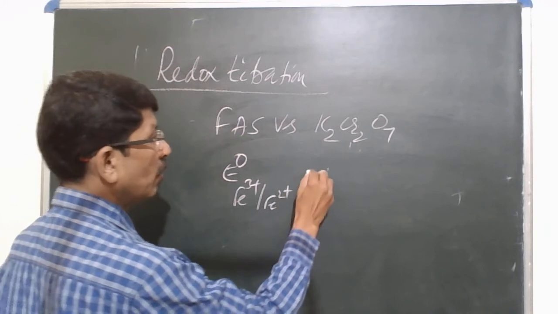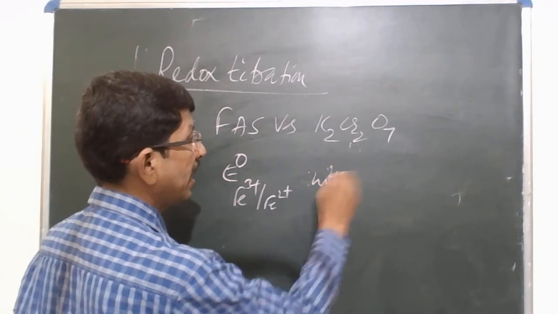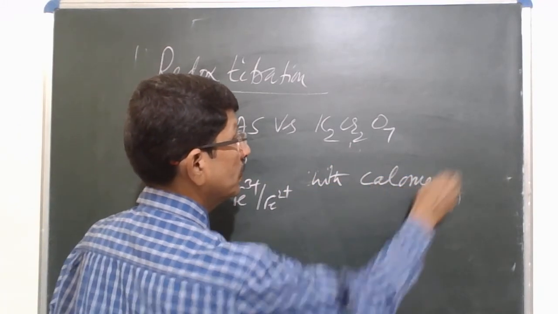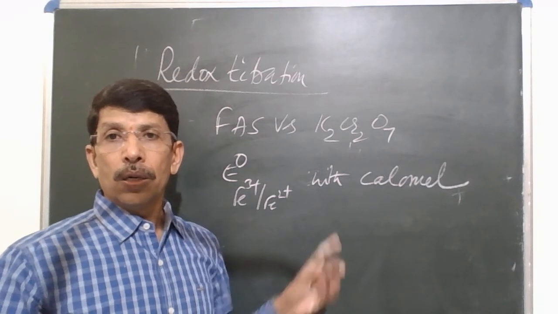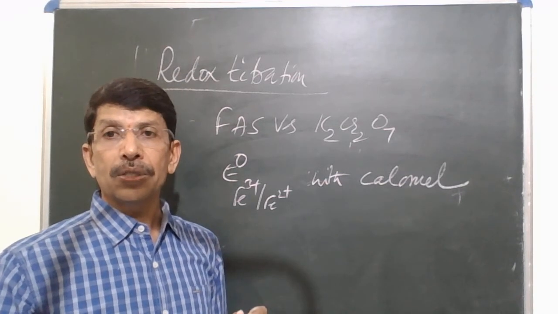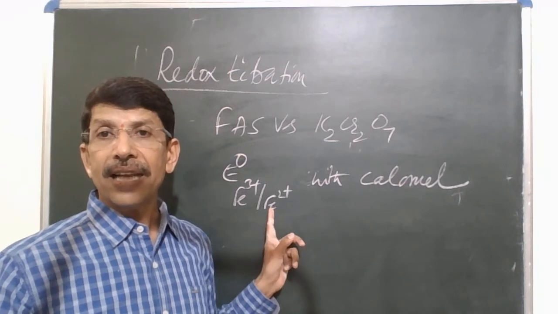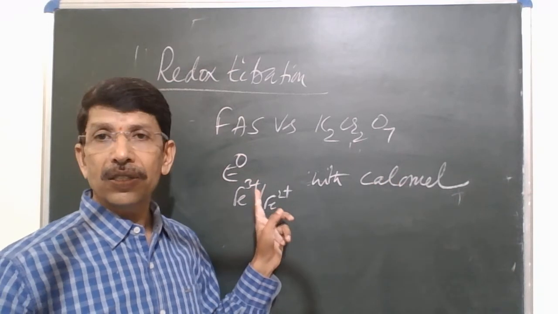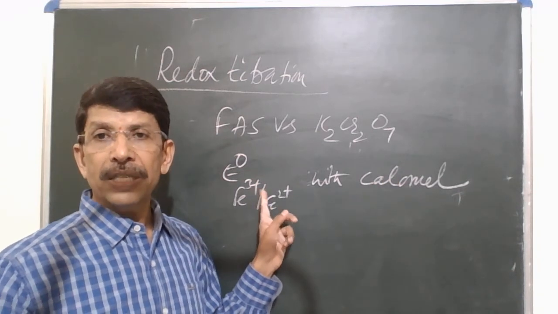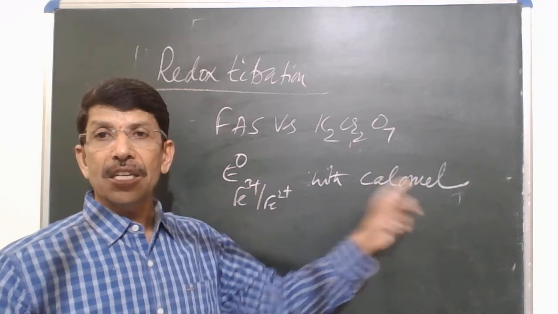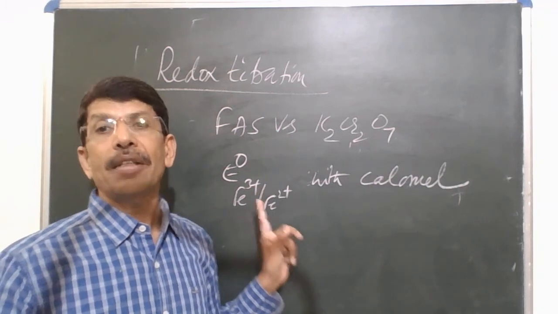So this electrode, when connected with the calomel electrode, the calomel electrode acts as anode and this redox electrode acts as cathode.